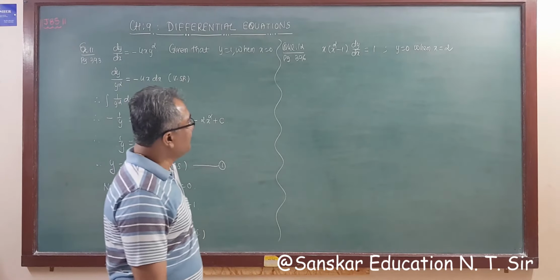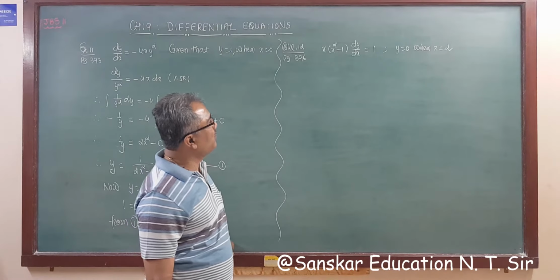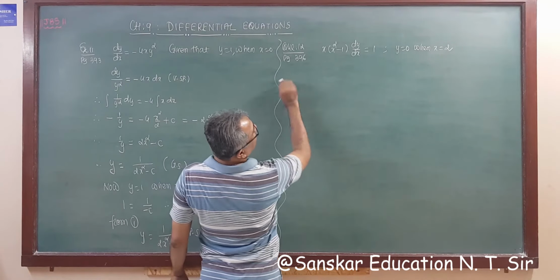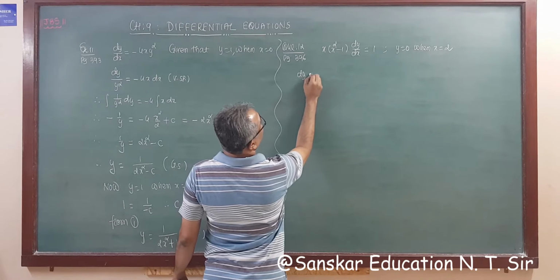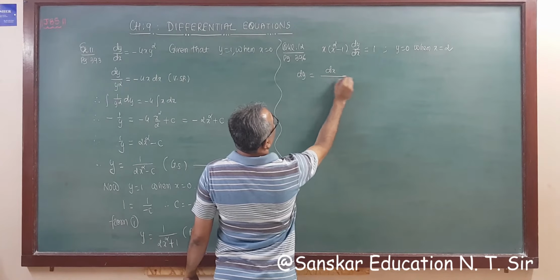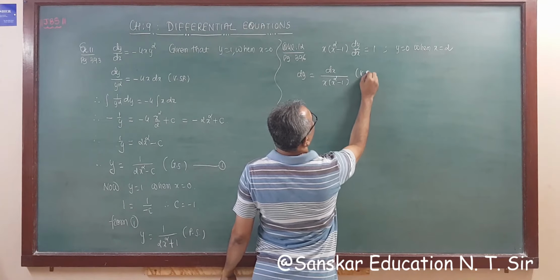Now the second question is this: x upon x square minus 1 dy by dx is equal to 1. This can be written as dy is equal to dx upon x into x square minus 1. It's very easy. This is variable separable form.